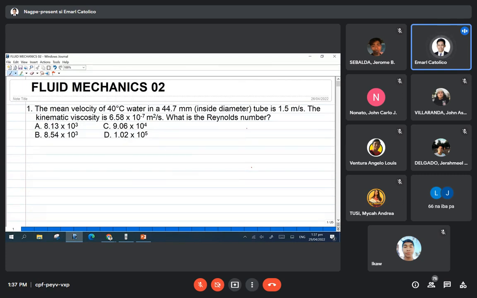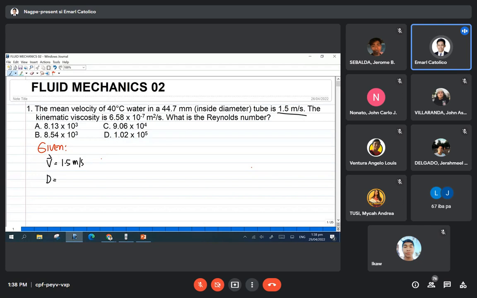Okay, so for number 1, kunin natin yung given. So meron tayong mean velocity of 1.5 meters per second. And ano bang kailangan natin sa Reynolds number? Hindi na yung temperature, diameter na lang, tapos velocity, tsaka kinematic viscosity.